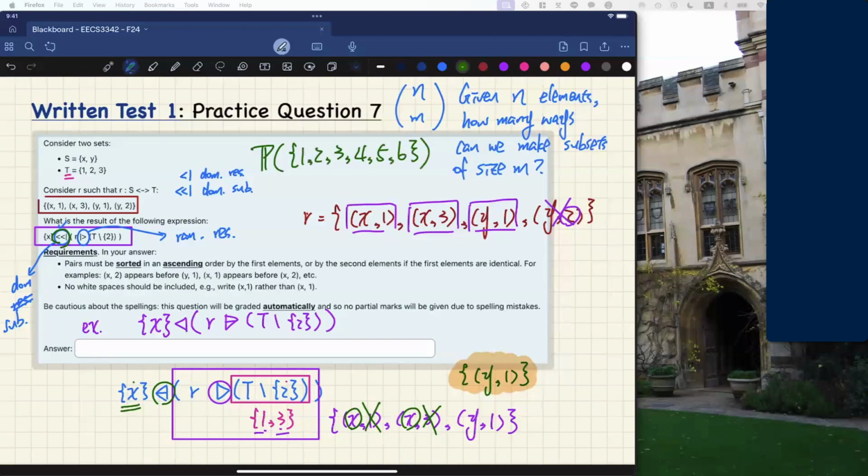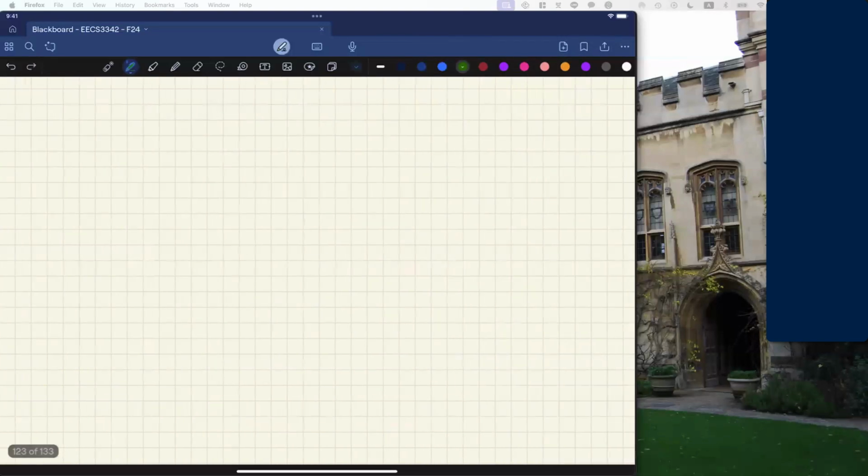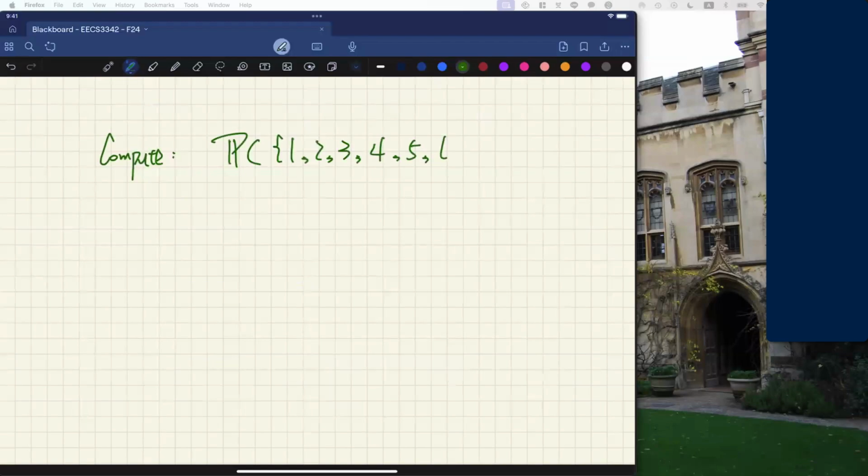Let me write it down maybe on a different page. So for example, I might say, now I want you to compute the power set of 1, 2, 3, 4, 5, and 6.